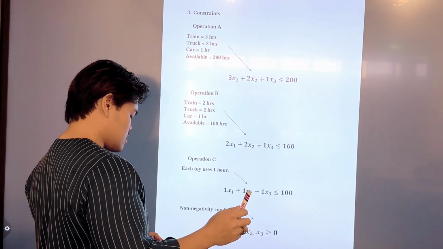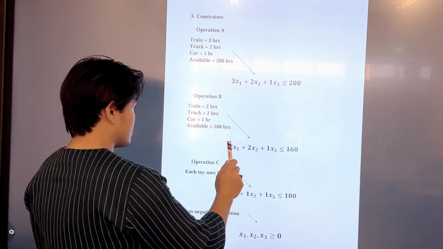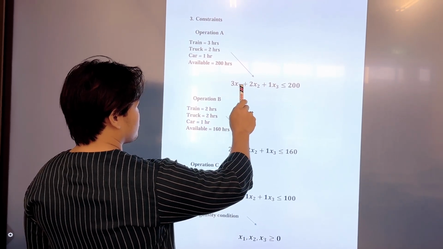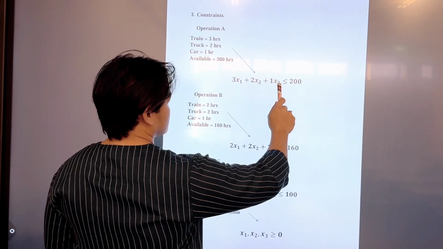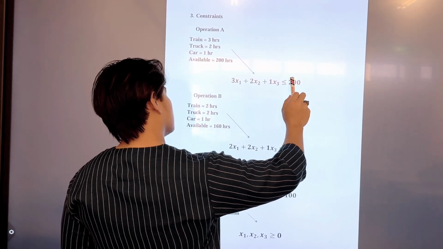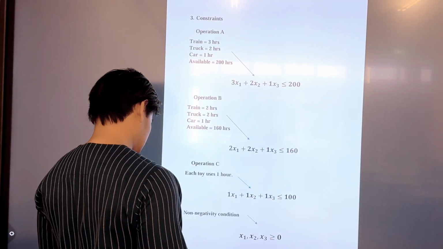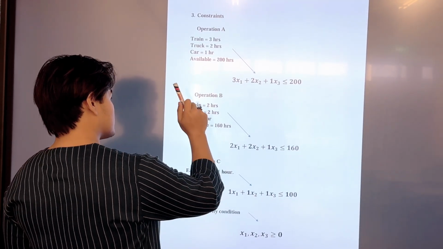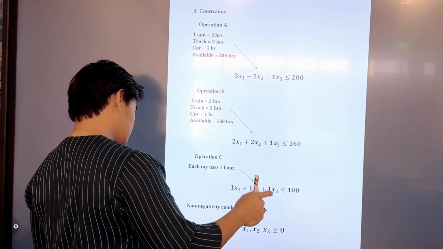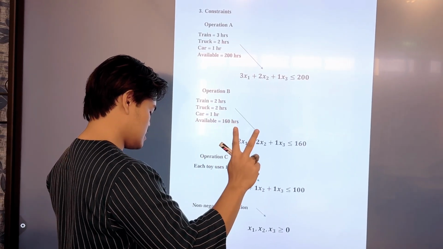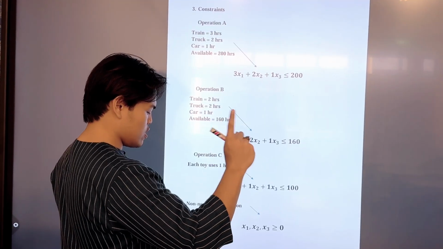This gives us our first structural constraint: 3x1 plus 2x2 plus 1x3 is less than or equal to 200. Okay, for the second operation, B, a train requires 2 hours, a truck requires 2 hours, and a car requires 1 hour.